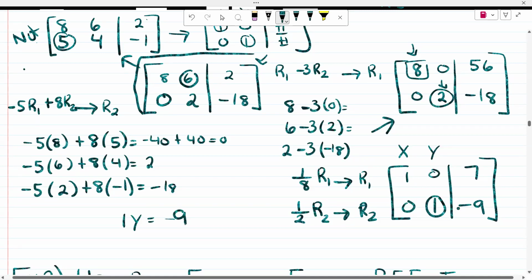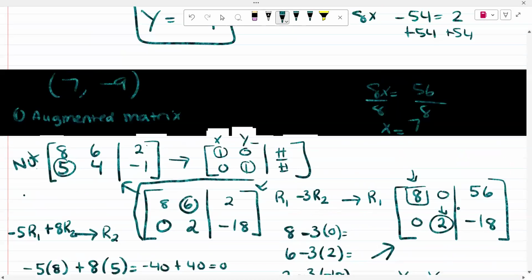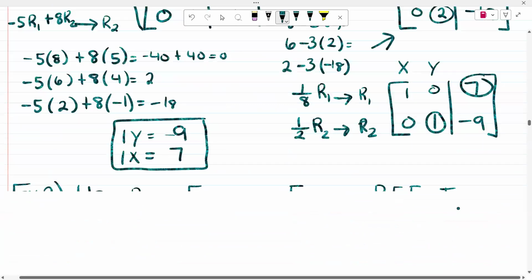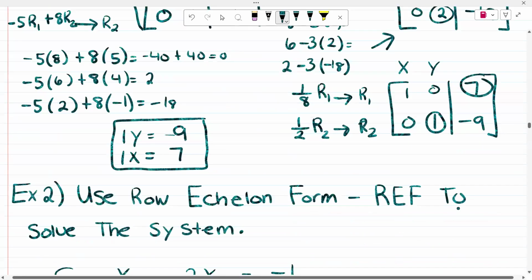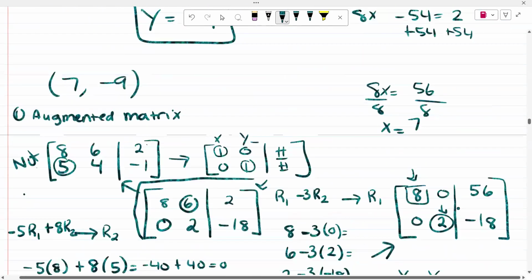And then this 1x equals this number 7. Okay, so is that the same solution when we did elimination? Yes, we had an x value of 7 and a y value of negative 9. Perfect.